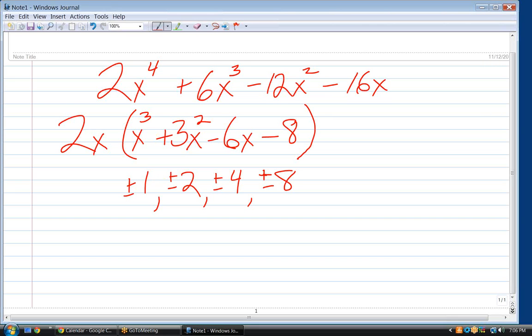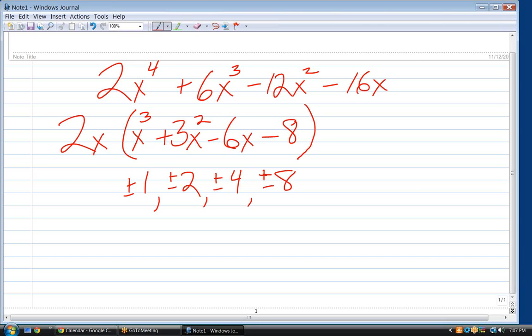Remember, the rational factor theorem says that if there is a rational factor to this cubic, then it's one of these 8 numbers, plus or minus 1, plus or minus 2, and so forth.